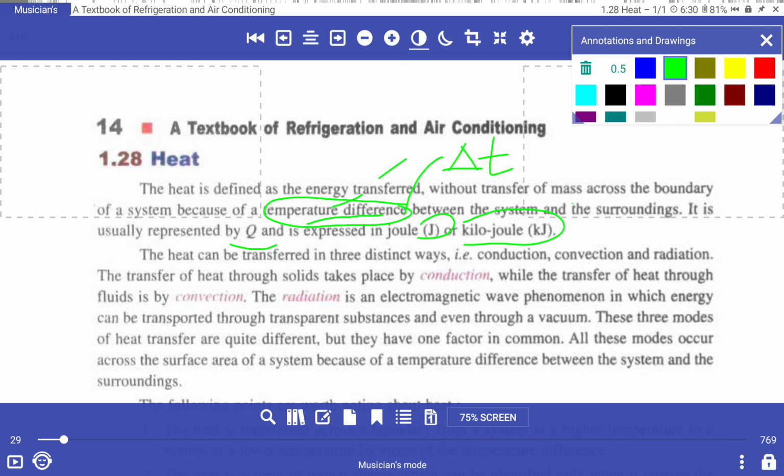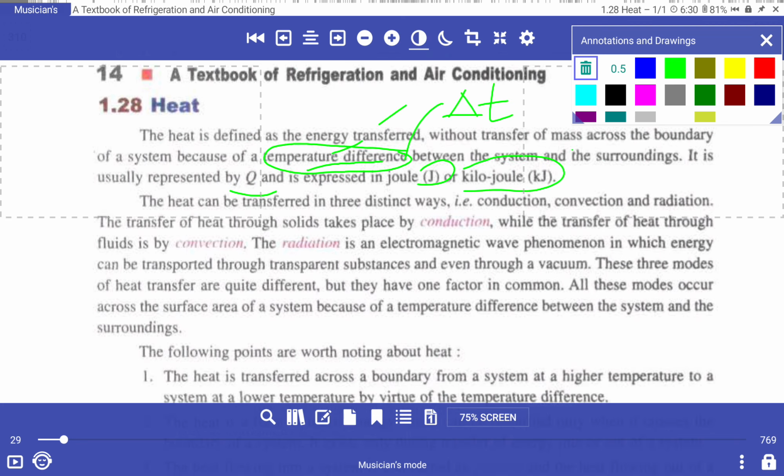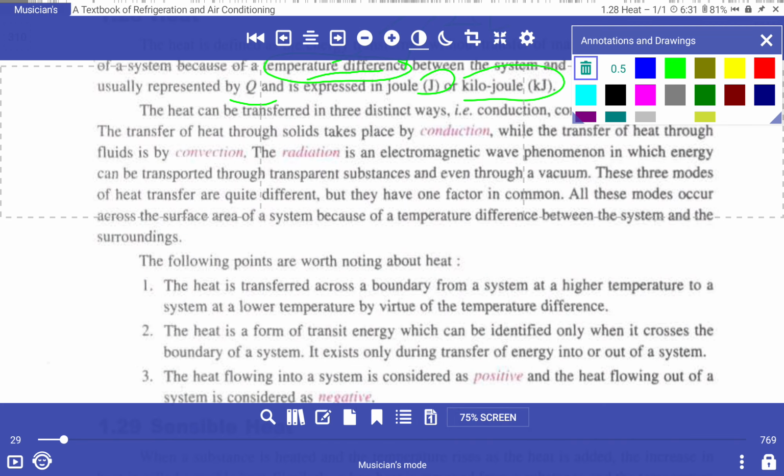Suppose you have a system, and this is your system, and this is your surrounding outside here.